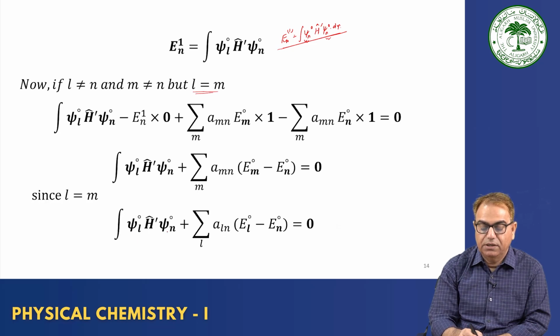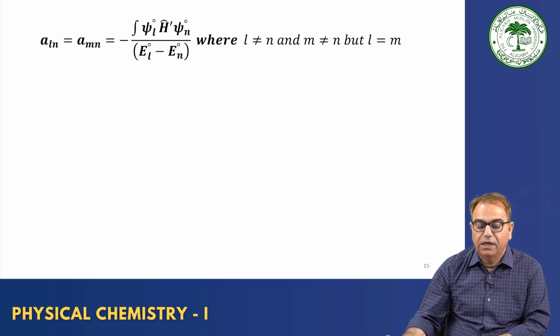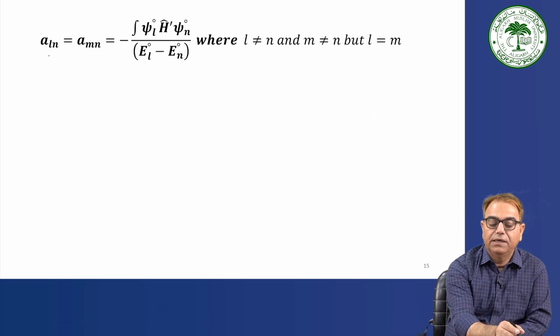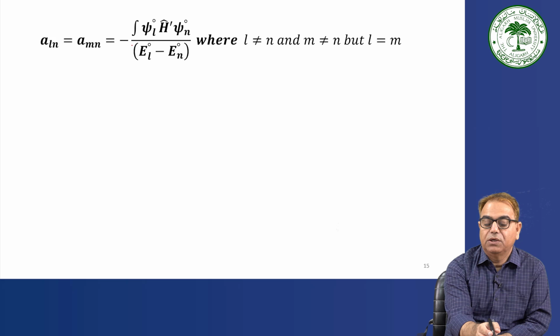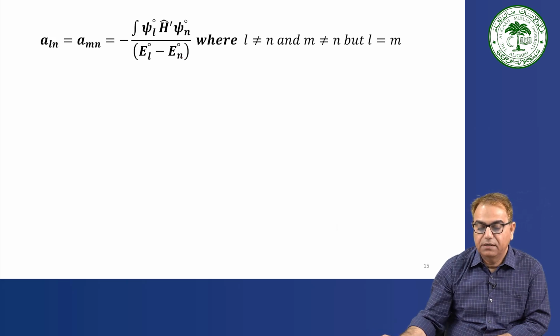So psi L naught H prime psi N naught, now with L and N; I have got rid of M. Now you can rearrange this, and if you rearrange, what you get is A L N, or A M N, is equal to minus psi L naught H prime psi N naught divided by (E L naught minus E N naught), where the condition is given.